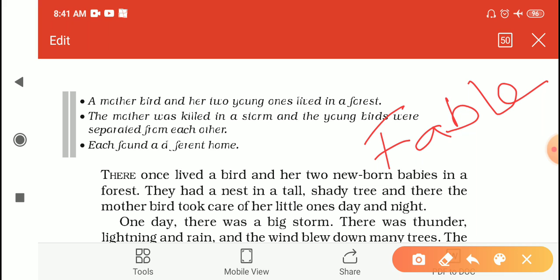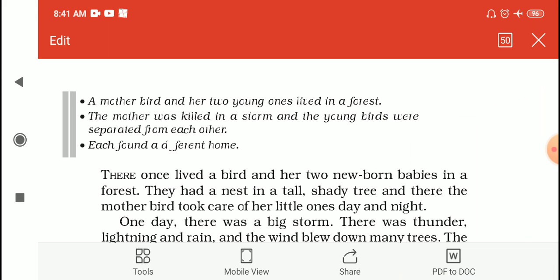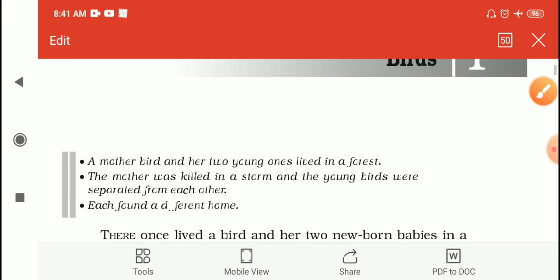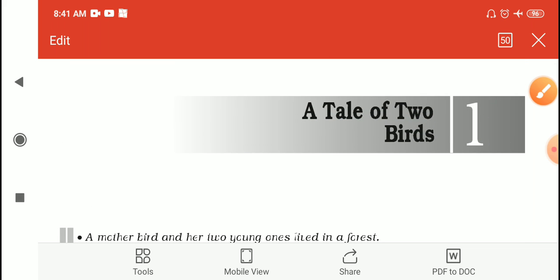Fables normally have many characteristics. One of them is that in these stories, many animals or birds act like human beings. Just like in this story, we will see the birds are talking to each other and thinking by themselves. So these birds are acting just like human beings.